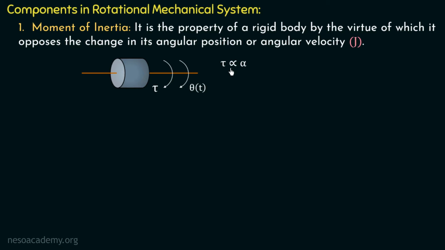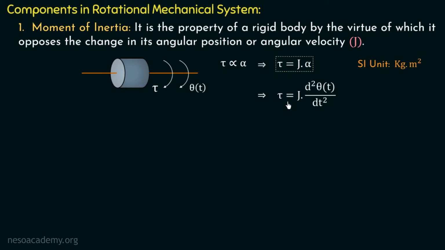Now, if we want to remove this proportionality, we can do so with a proportionality constant. So we will have tau equal to J multiplied by alpha, where J is the moment of inertia of this rigid body, and the unit of moment of inertia is kg meter squared. Now we know that alpha is the angular acceleration and it is equal to the double derivative of angular displacement. So we can write tau equal to J multiplied by d squared theta(t) over dt squared. We have replaced alpha with the double derivative of angular displacement with respect to time.